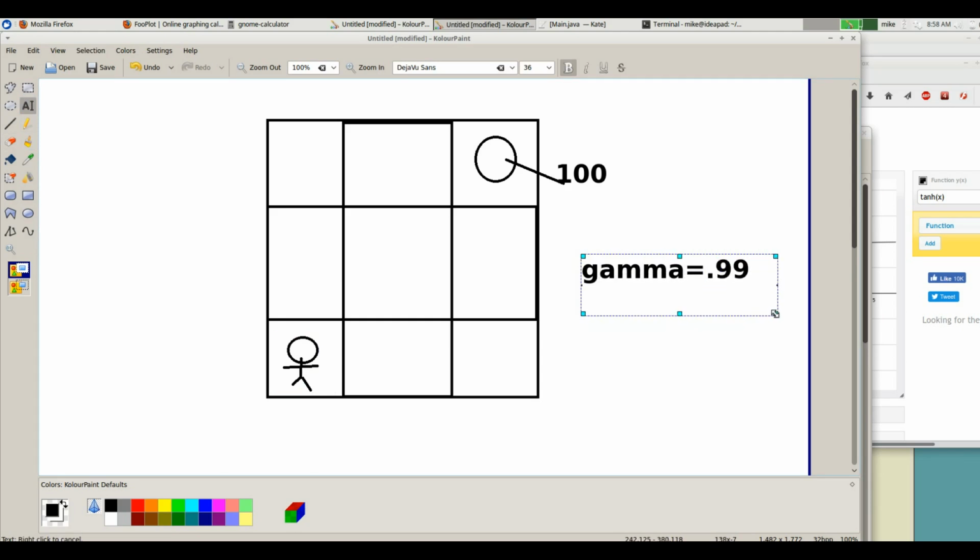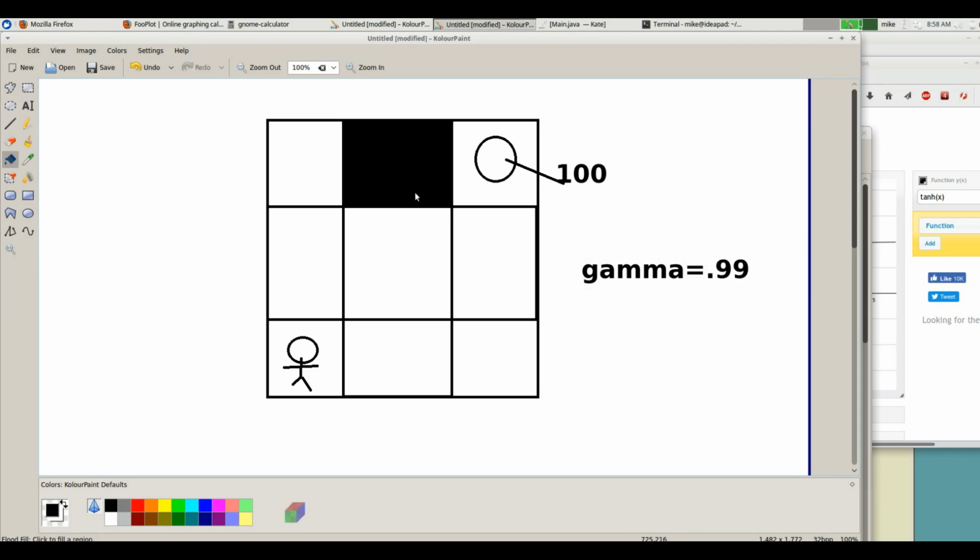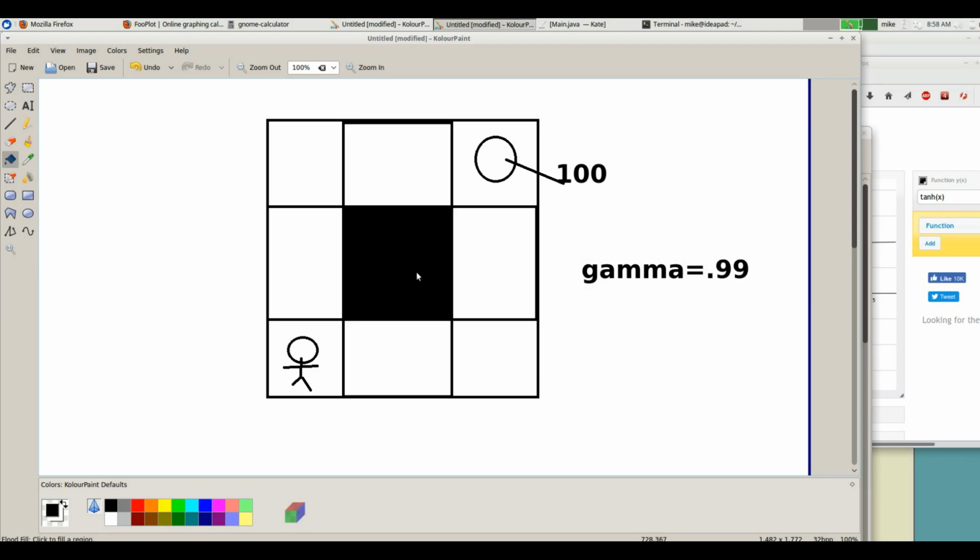Do you see that then the value of being in, say, this state is 0.99? And the value of this state is 0.99. And the value of this state is 0.99 squared. I'm assuming you can do the 4 actions left, right, up, and down, right?